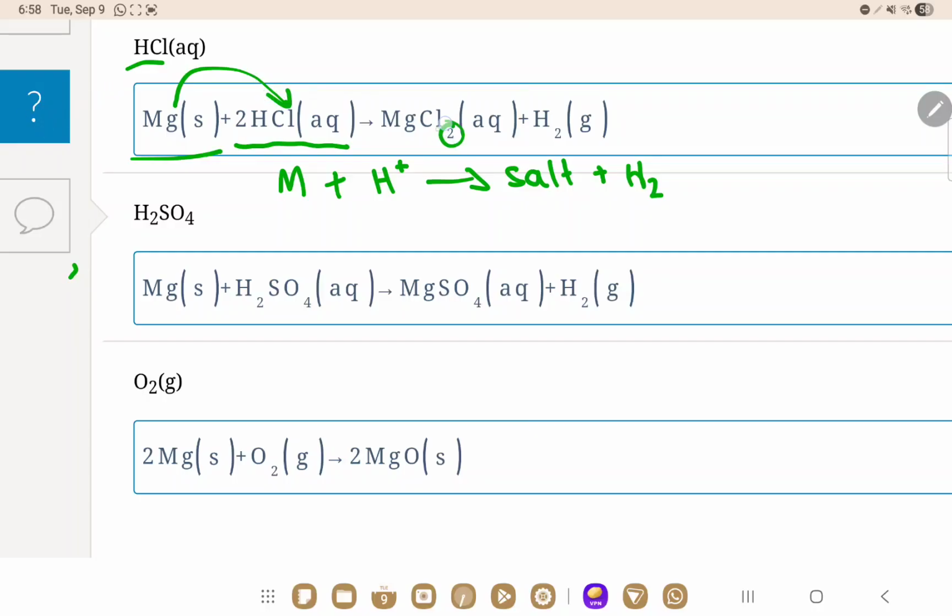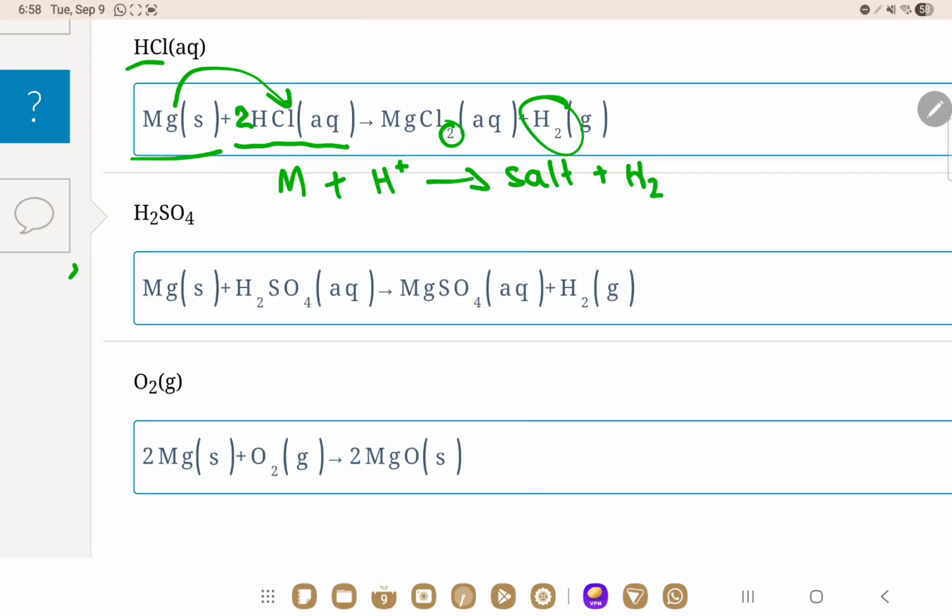And Cl2, because Mg has a charge of 2 plus, Cl 1 minus, so you have to do the crisscross method. The 1 goes to Mg and the 2 goes to Cl, so it becomes Cl2. And since in the product you need Cl2, here you need to add the 2, because you also have H2 gas. And of course, do not forget your state symbols.